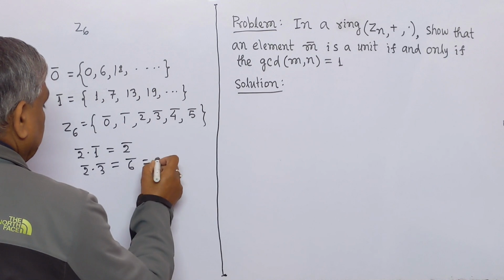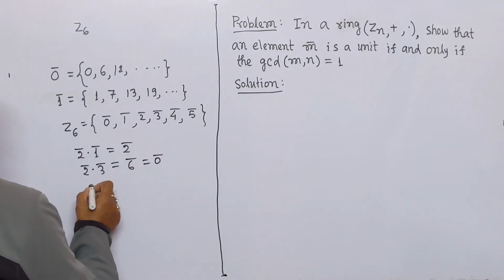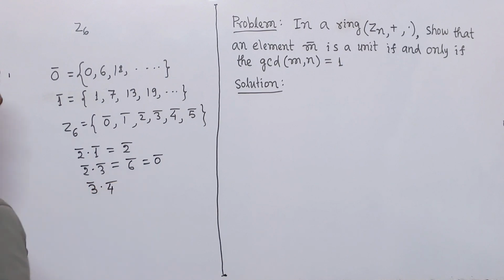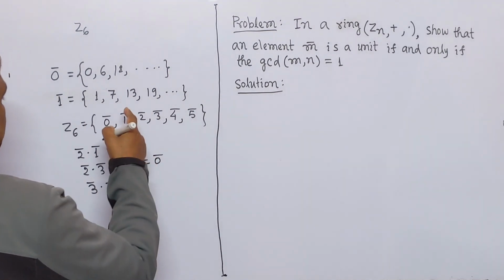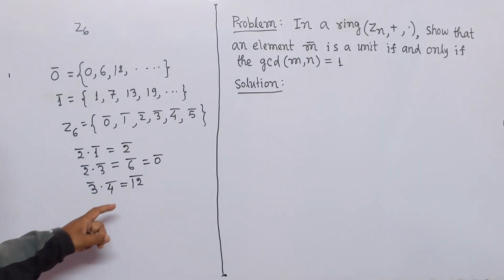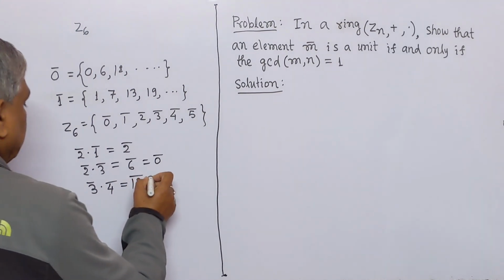So this is 0 bar. If we multiply 3 bar multiply 4 bar, this is 12 bar. Since 12 bar is not an element of Z6 directly, we divide 12 by 6, then we get remainder 0. This is 0 bar.